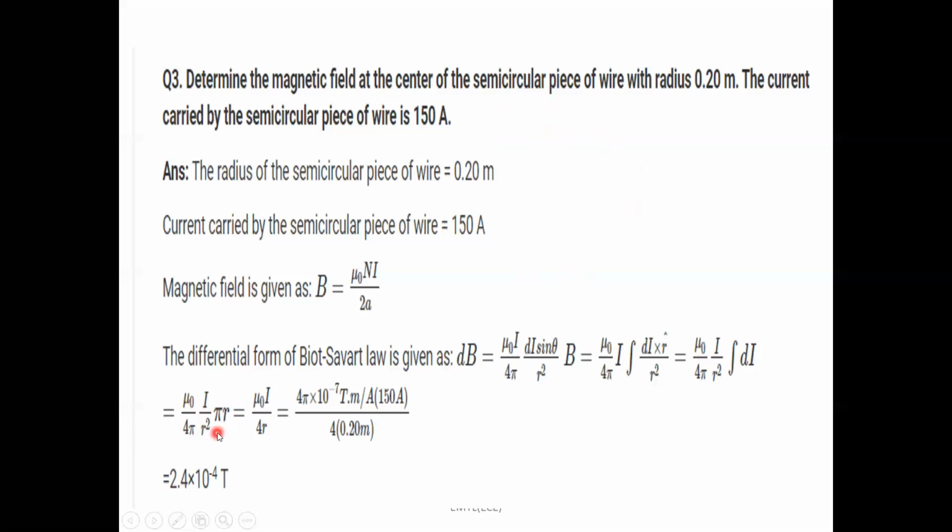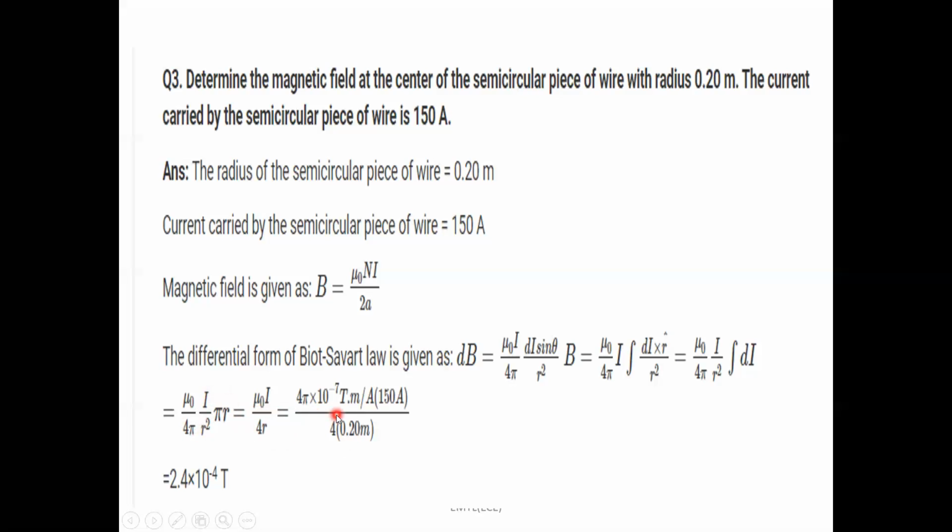Now substitute the values of mu naught, I and r here. There is a cancellation of r square and r. So finally this expression is written as mu naught I by 4 r, pi also cancelled here.